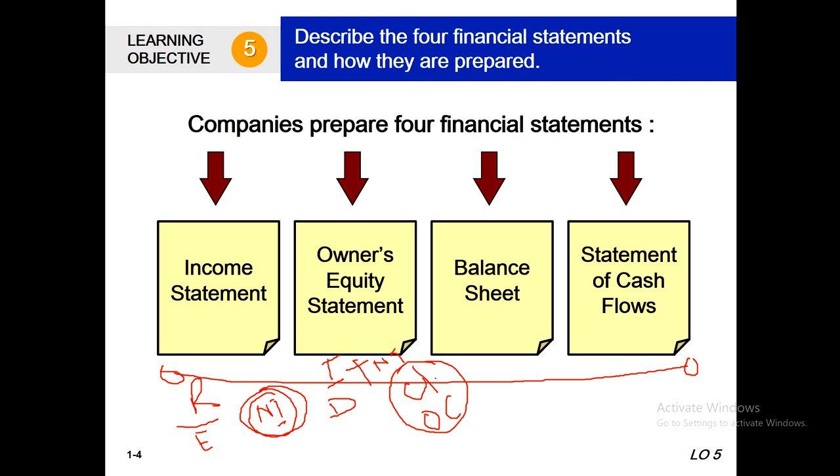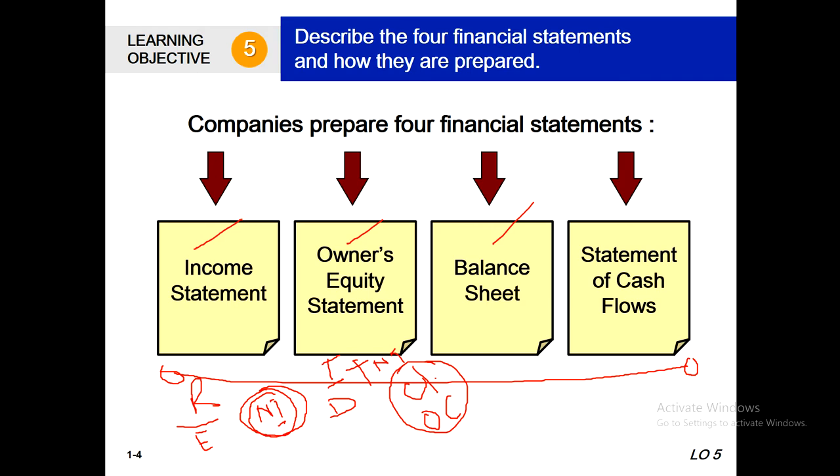And this is our balance sheet. We need to prepare our balance sheet to represent the assets, liabilities, and owner's equity at a specific date, not for a specific period of time. The income statement is for a specific period of time, and owner's equity we also prepare for a specific period of time, but the balance sheet is just at a specific date.